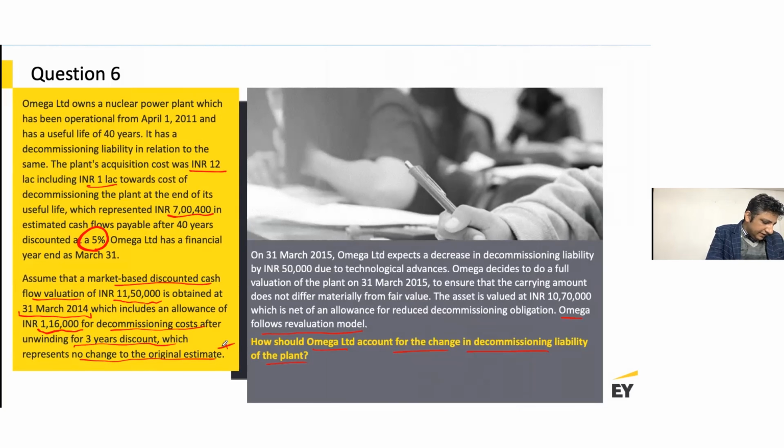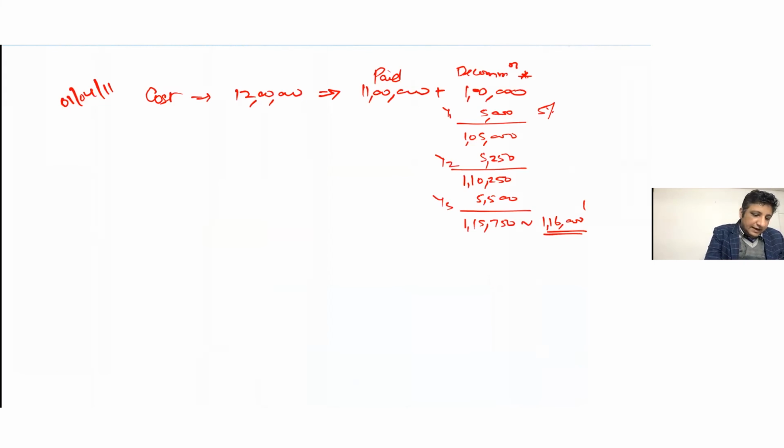This is where we are able to confirm that it represents no change to the original estimate. Our original estimate is 1,16,000, which is the rounded figure of this 115,750 to the nearest thousands, of course.